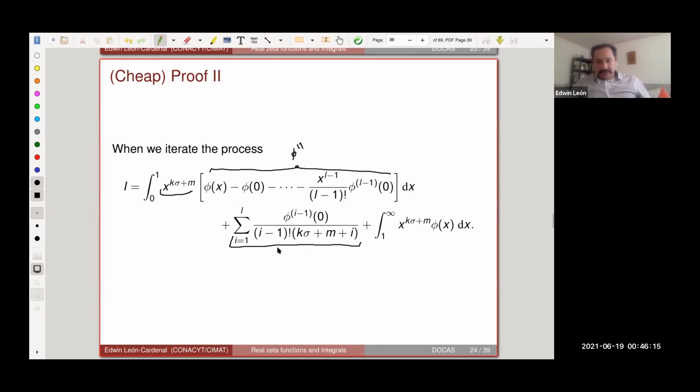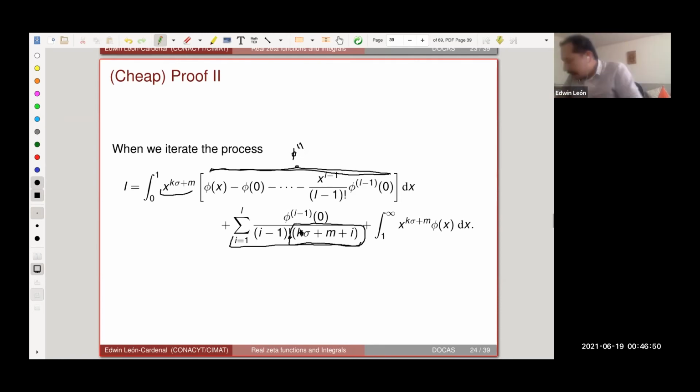So what you get is this thing, and this is just the Taylor theorem and the Taylor terms. This function phi double prime is some power of x to the L, and you have these guys appearing in the denominator.